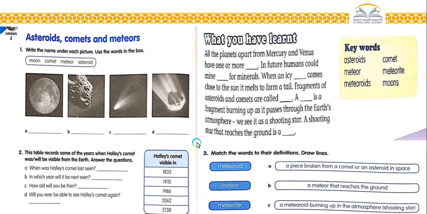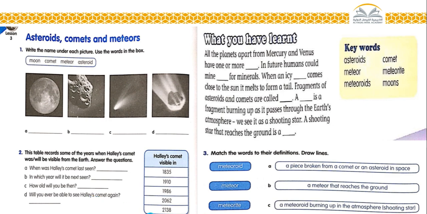You put the name in the spaces provided. All right. So when was Halley's Comet last seen? In which year will it be next seen? Then how old will you be then? Will you ever be able to see it again? Yes or no? Just write your answer and I will be glad to see all of it.